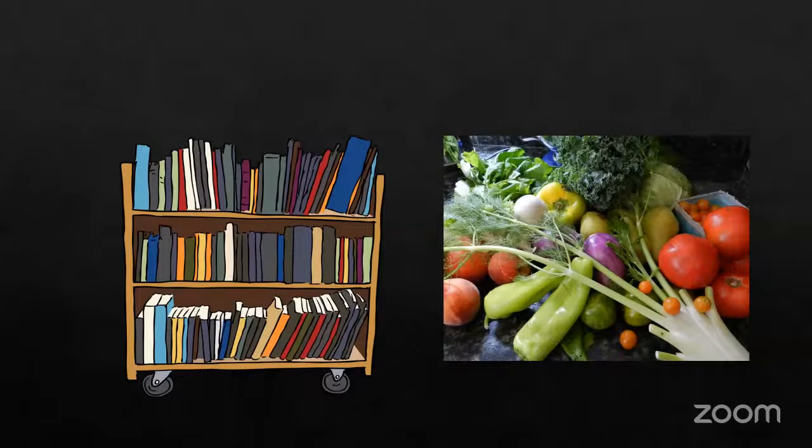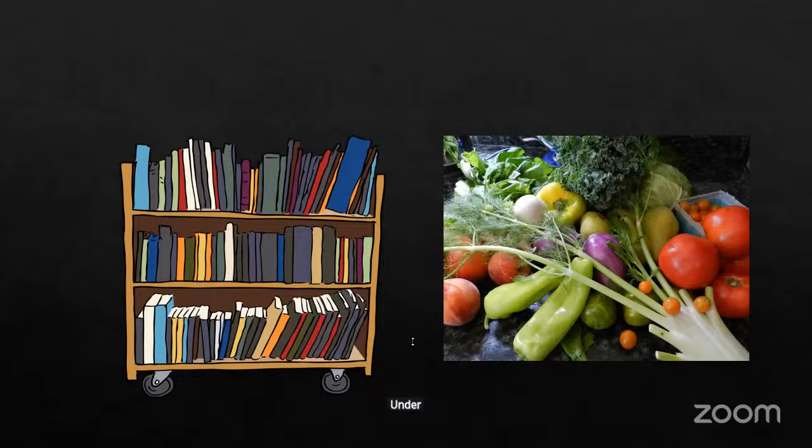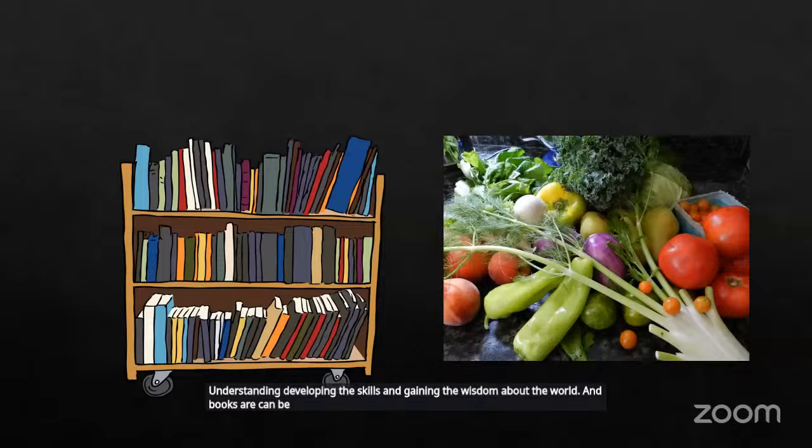Shall I continue, sir? Yes, Sharanya. Sir, the first picture shows books. It is one of the greatest sources of knowledge, imagination, and learning. Books help to improve understanding, develop skills, and gain wisdom about the world. They can be educational, inspirational, entertaining, and informative.